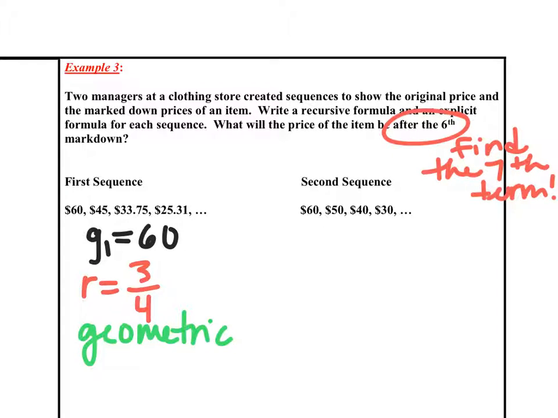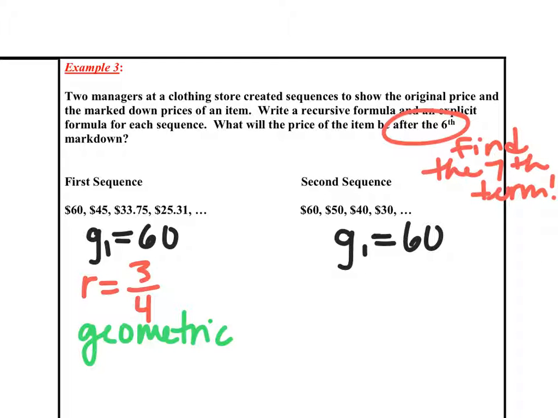We'll finish that one in a second. Go to your second sequence now and find the same information for that. Find your first term and find your rate of change. Luke, what's my first term? And Sarah, what is my rate of change?